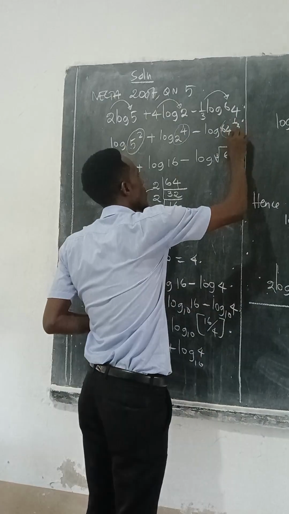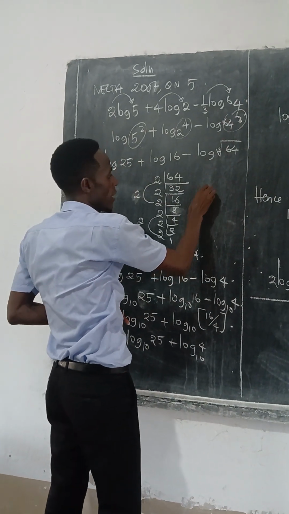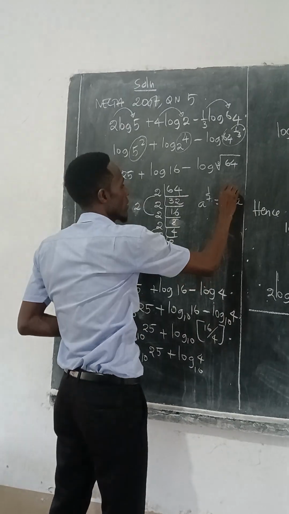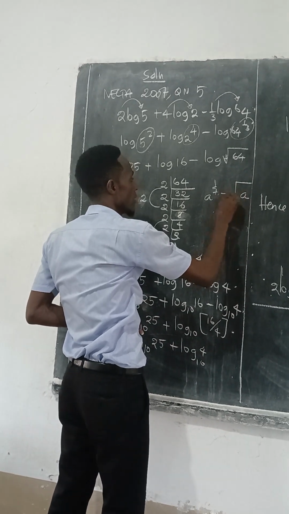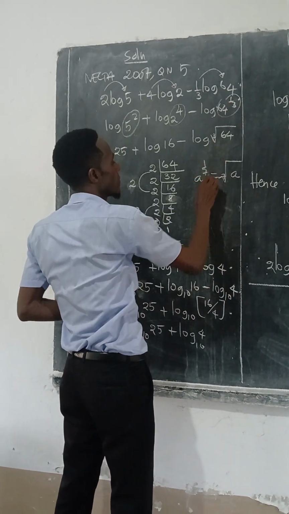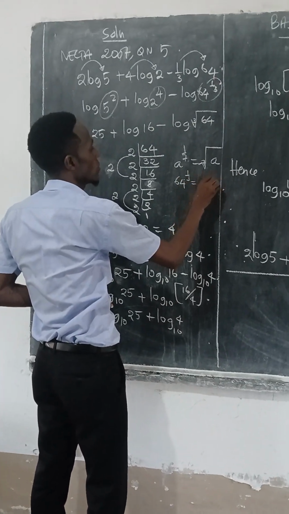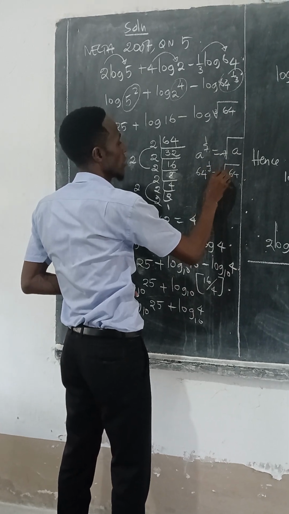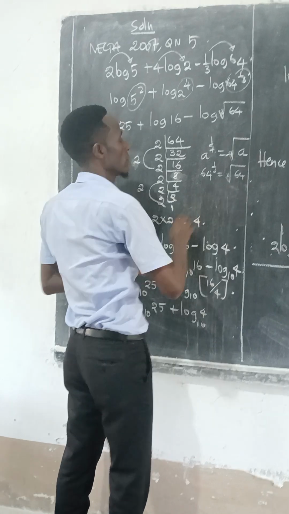The value of 64 exponent 1/3 is equal to putting the number in surd form, with the 3 going down at the denominator, put here as the root. So taking this 64 with exponent 1/3, it becomes the cube root of 64.